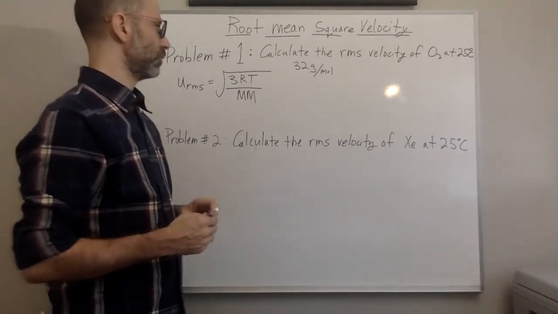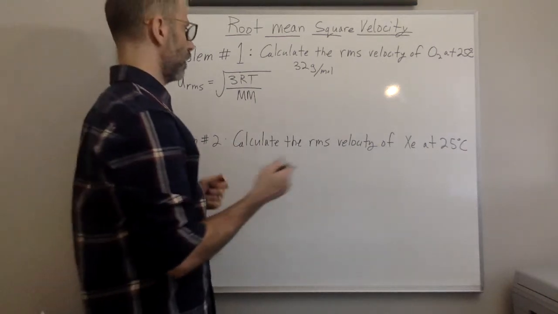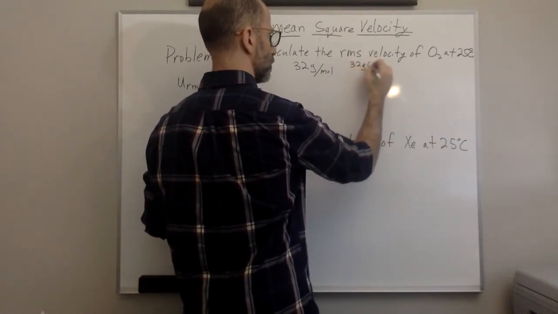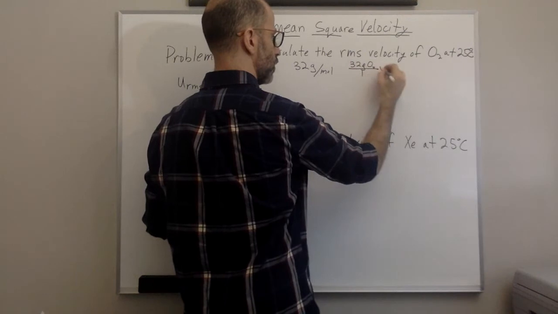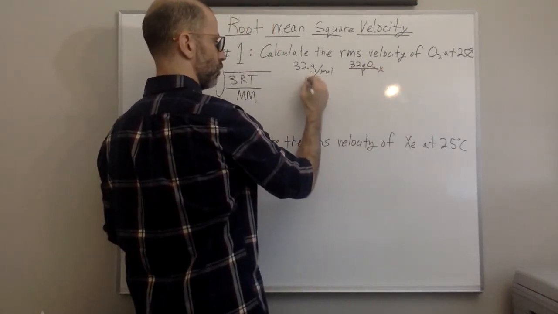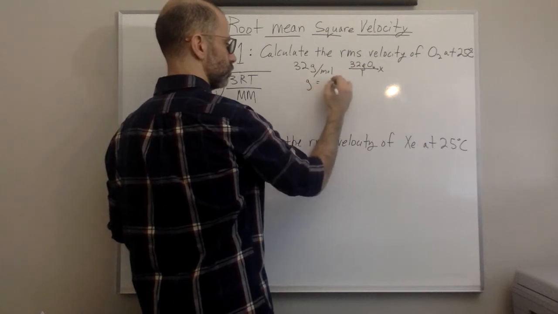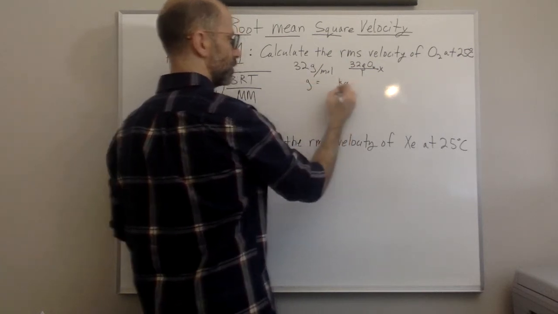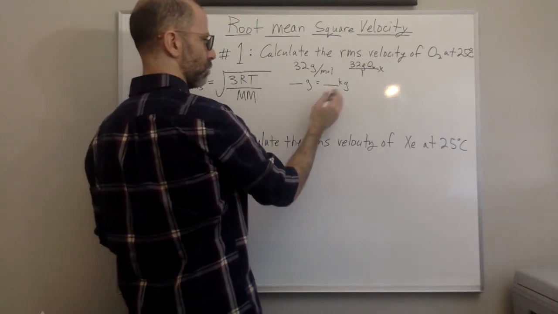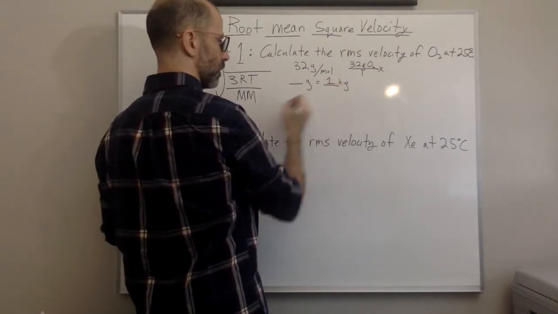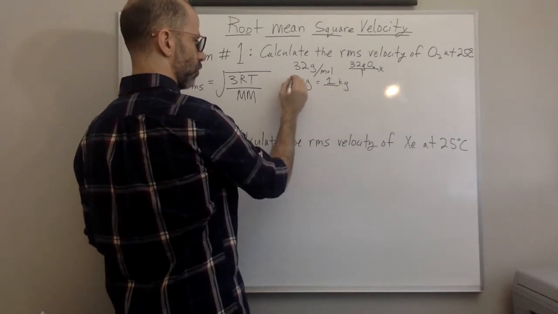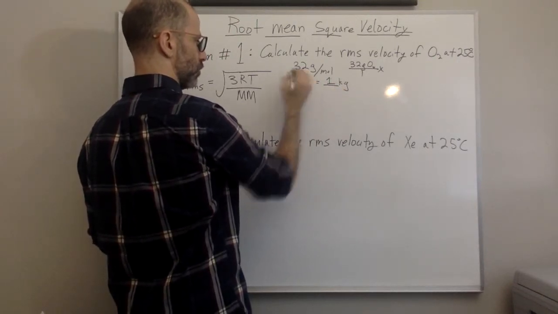When we convert that to kilograms, you'll have 32 grams of oxygen over 1. Remember the equality: if I'm relating grams to kilograms, I always put the 1 with the prefix, and the prefix multiplier for the prefix k goes here. So that's 10 to the third.